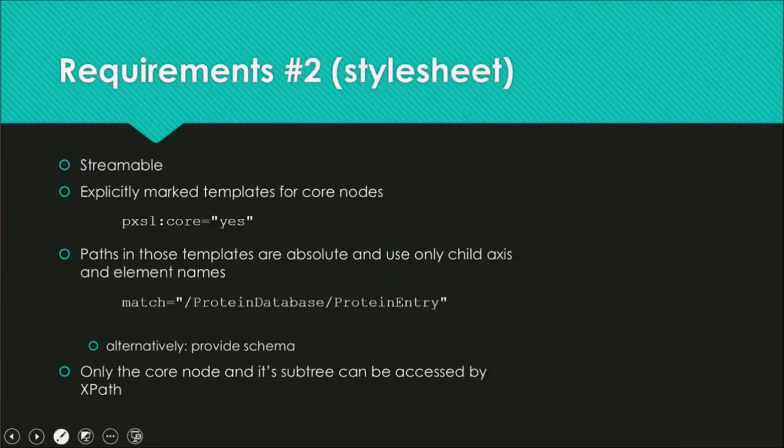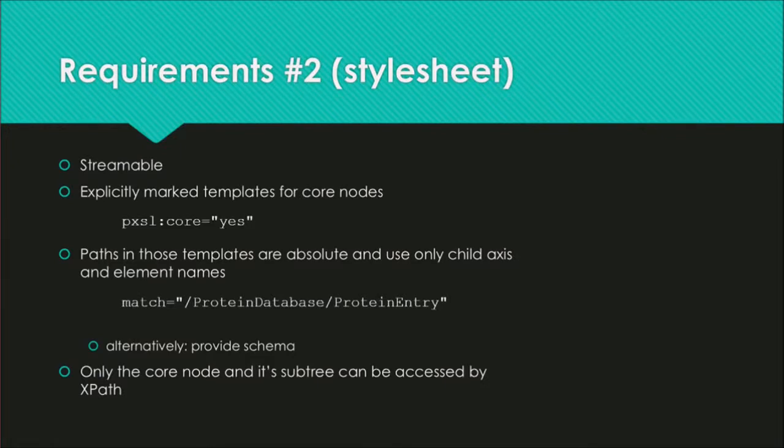There are also requirements on the stylesheet. It has to be streamable. We have to mark explicitly the core templates, or the templates that process the core types. And those templates that use these core attributes have to have simple matching patterns. I've used only child axes and element names.